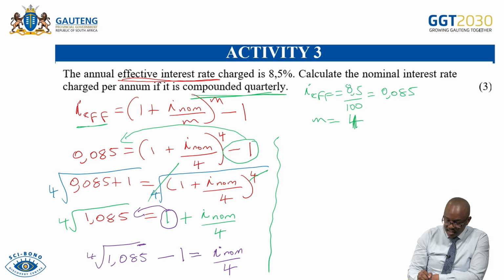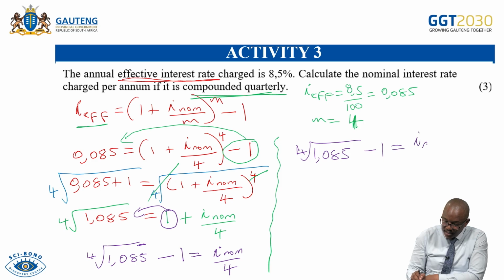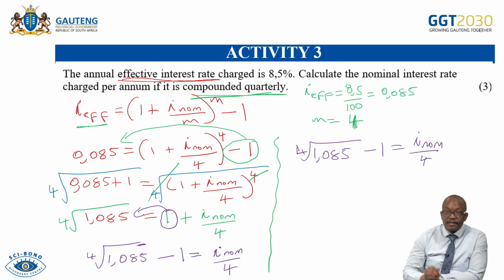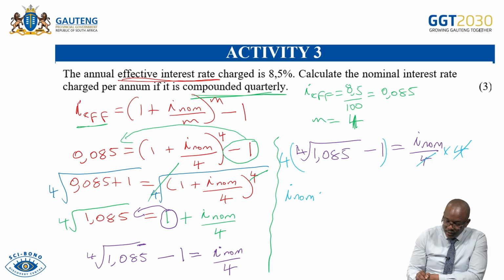Then now, what will happen from here? We will get rid of that 4. Remember, you have your 4th root of 1.085 minus 1. Then this side, remember, we have i_nom all over 4. So for us to remove the denominator, we can either cross multiply or multiply both sides by 4. I will opt for multiplying both sides by 4. Then you know that your 4 will cancel the 4 there. Then your i_nom, it will be what?